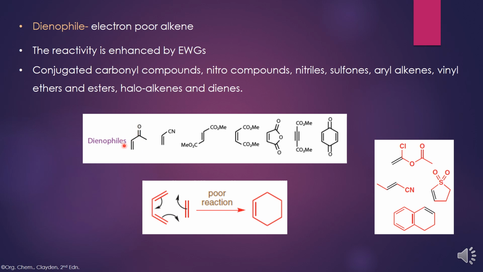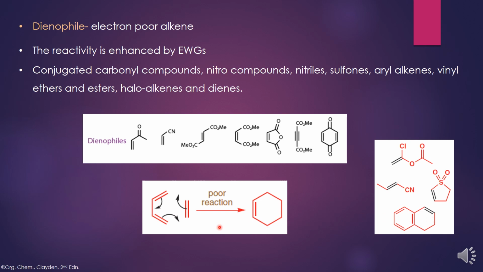Then conjugated nitro compounds, nitriles, sulfones, aryl alkenes, vinyl ethers, esters, haloalkenes, and dienes. These are other examples of dienophiles with a double bond having very poor electron density due to the substituent. This is an example of a sulfone-substituted dienophile.